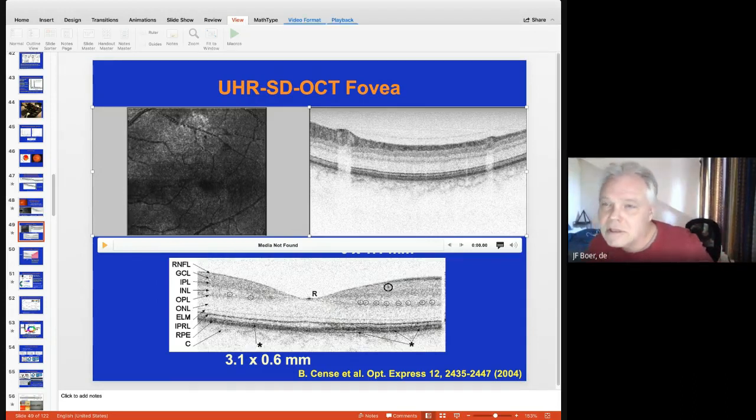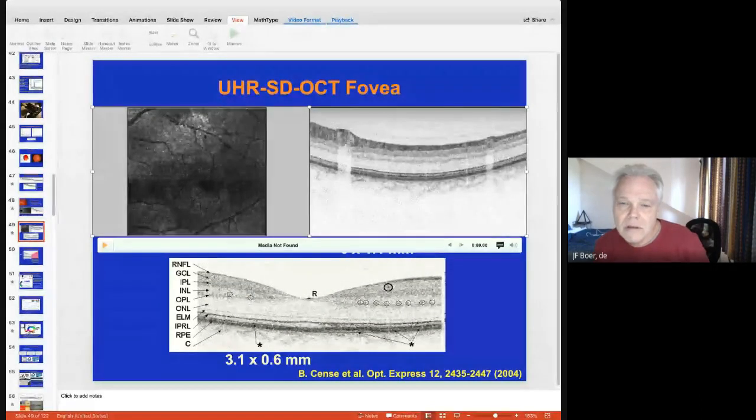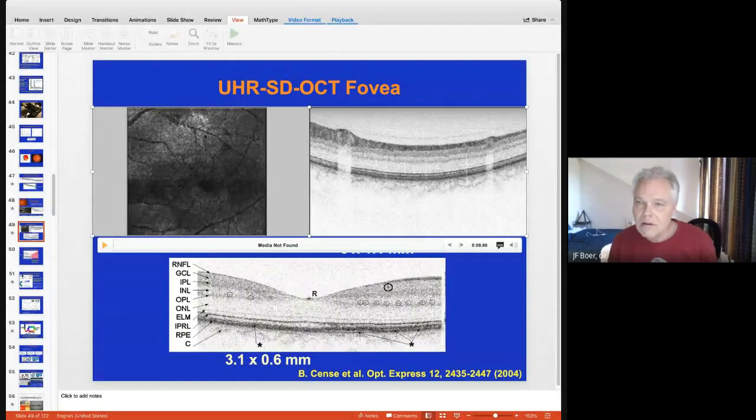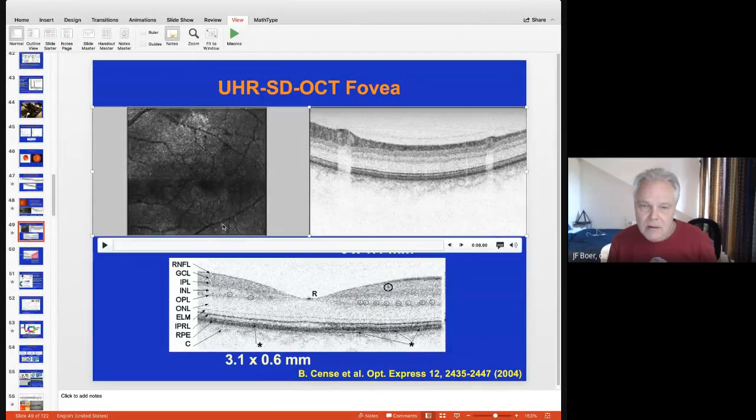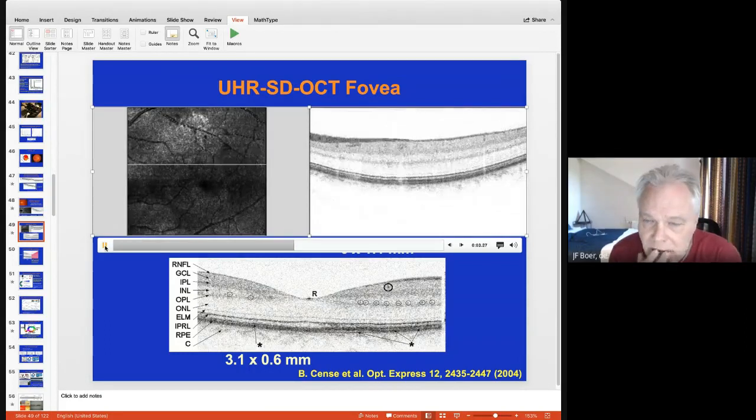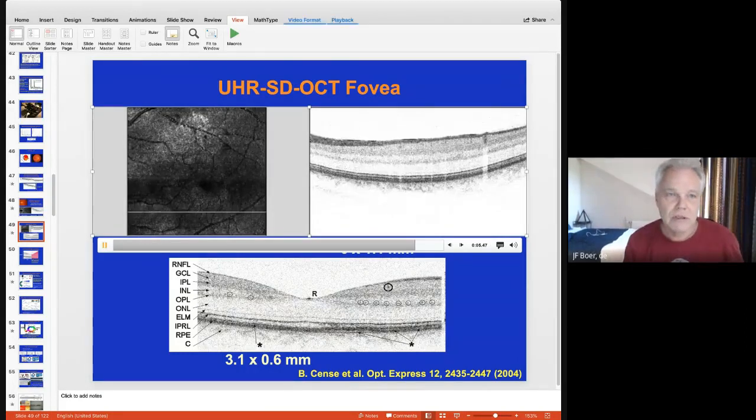So you can actually see the acquisition date. No, this is not the acquisition date. Yeah, so now we have a movie that shows us the fovea in detail.